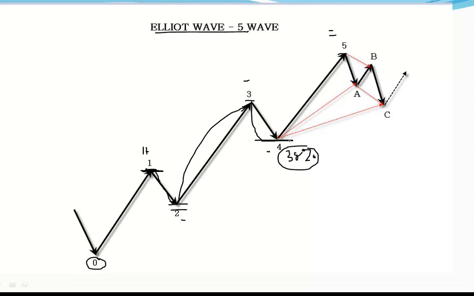And typically number 4 has to stay above number 1. That's a basic form, and that's also that pullback. And that's also what we look at as that alternate A to B, C to D. So if we look at this, this would be an A to B, C to D relationship, you see?